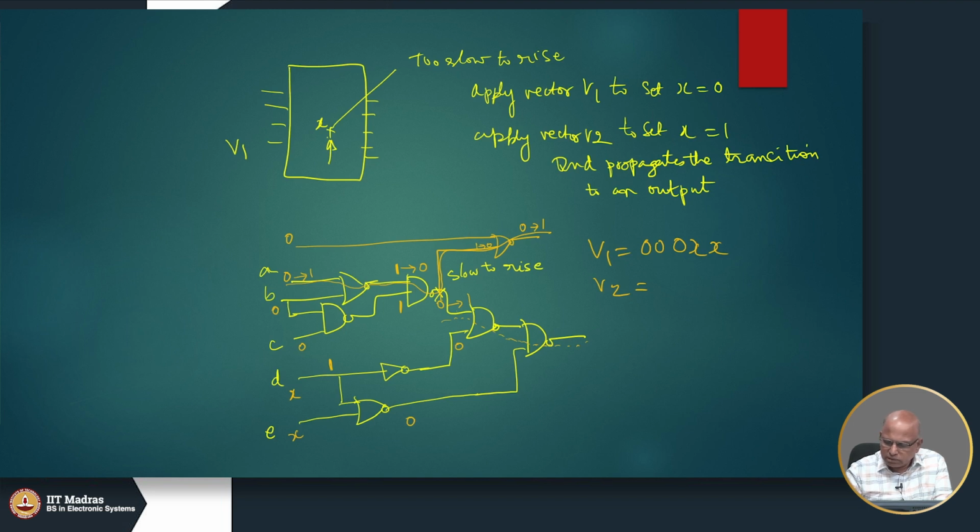So the test vector was initially, this was X, I guess. So we will have to have X here. Then A, B, C are 0, 0, 0, and D and E are X. Let us call this F. Then A will become 1 and F will become 0.